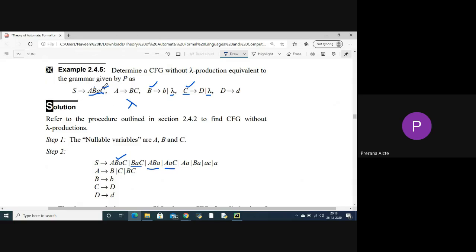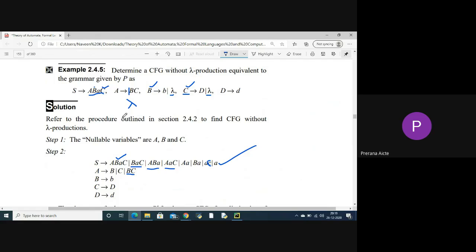If I place A and C as epsilons, it is BA. It is capital A, it is capital A. So if I place A and B as epsilon, the output is small a capital C. And if I place A, B, C as epsilon, then the answer is small a. Here also A tends to BC, so BC I wrote here.